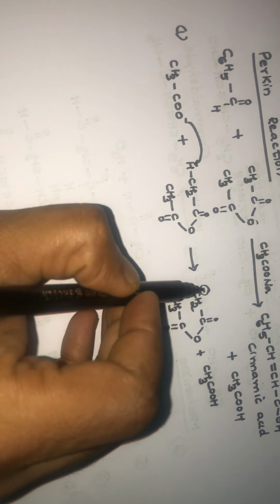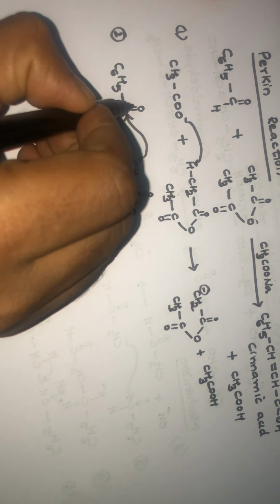Now, the carbanion generated will attack the carbonyl carbon of the benzaldehyde. We have C6H5 CHO, and CH2 minus C double bond O, O, C double bond O, CH3 attacks this.